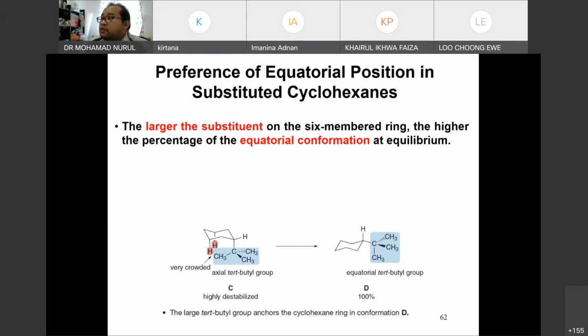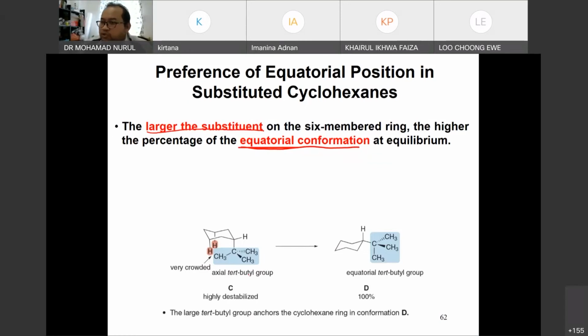The largest substituents on the six-membered ring favor equatorial conformations. For example, here we have a tert-butyl group.